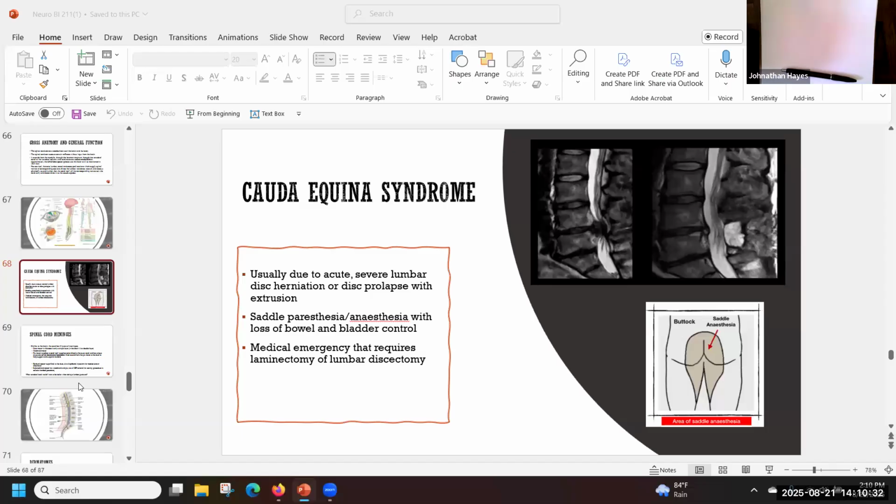So picking up right where we left off, here's an image of what's called saddle paresthesia. This would be the area that a patient might note numbness and tingling. So again, imagine you fell off a bike and you landed on your butt and maybe you peed yourself a little bit, but now all of a sudden it's getting progressively worse and worse.